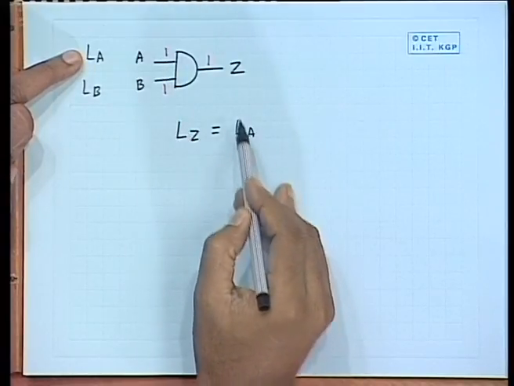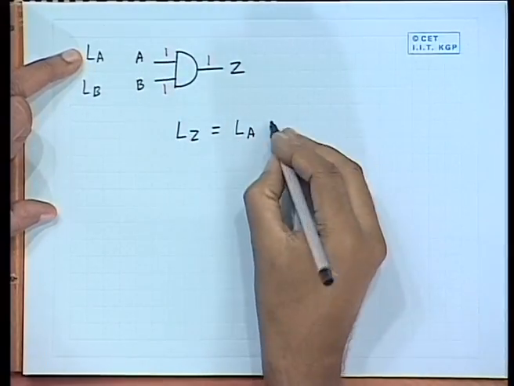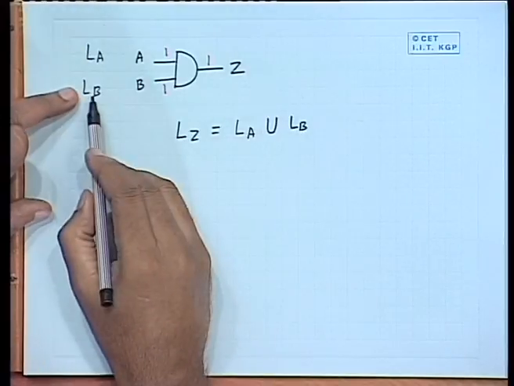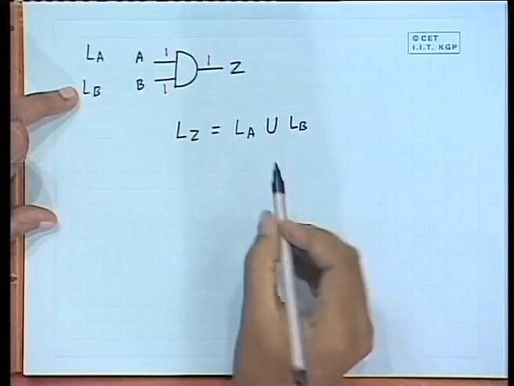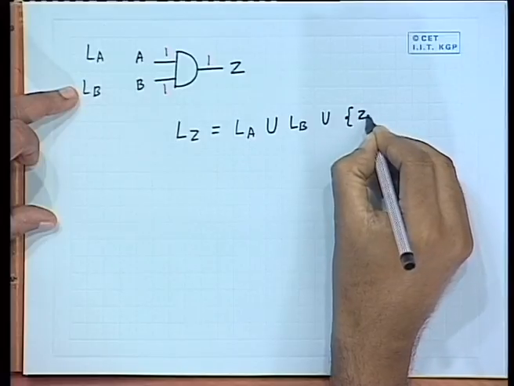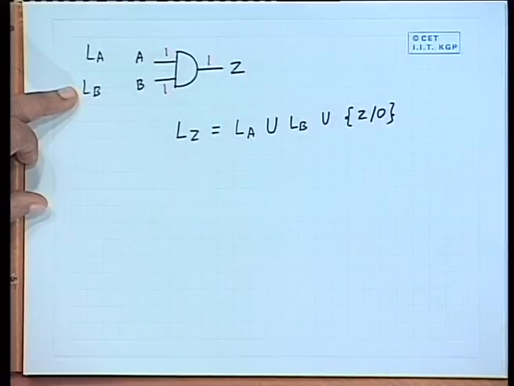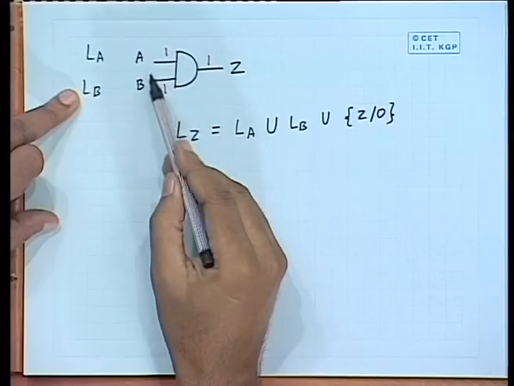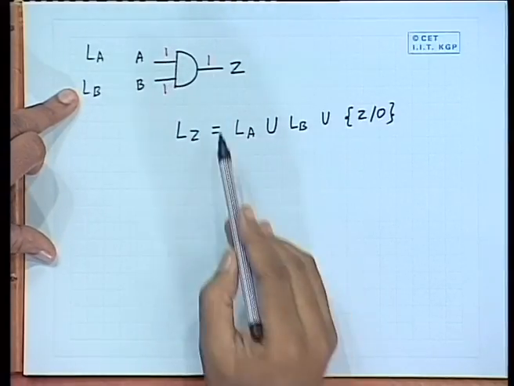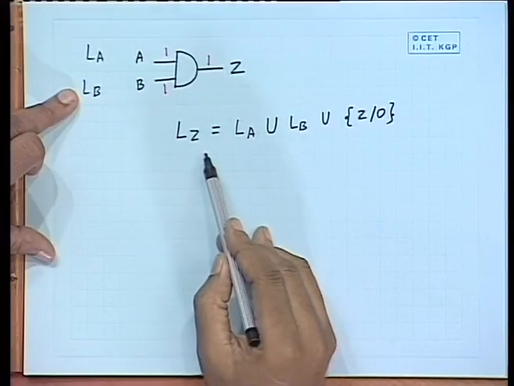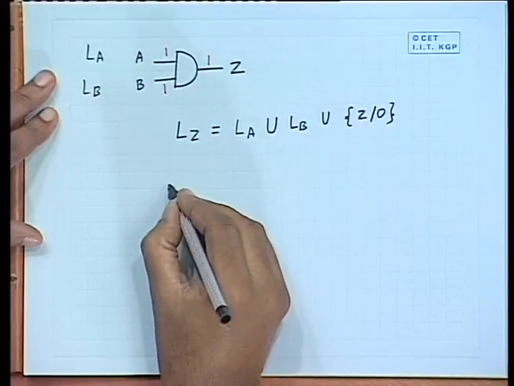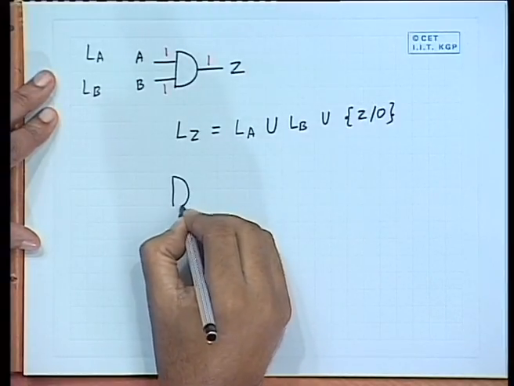This is one condition when Z can change to 0, or union LB, if B becomes 0 then also, union a new fault comes in, Z stuck at 0. So, if you have an AND gate with these applied inputs, then the fault list of the output can be calculated like this.